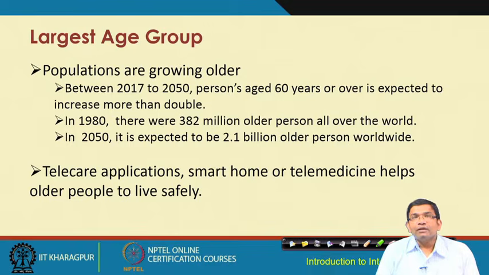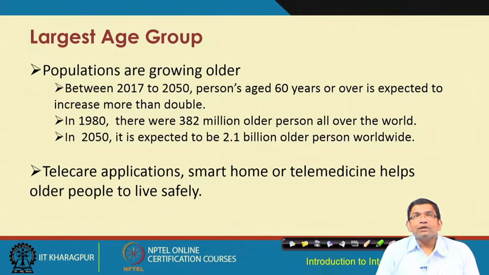In 2050, that number is going to grow to 2.1 billion. So, you see that in 1980 it was only 382 million elderly persons, and by 2050 this number is expected to grow to 2.1 billion worldwide. So, this is a huge number.